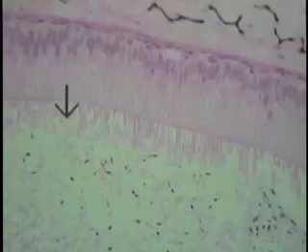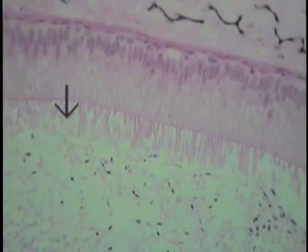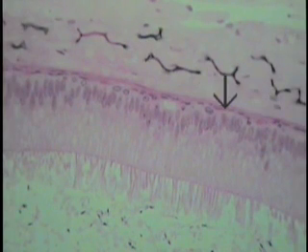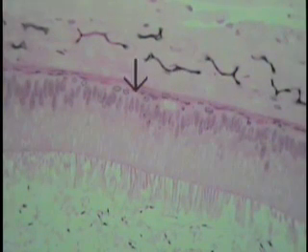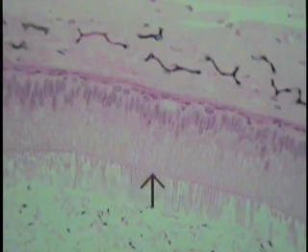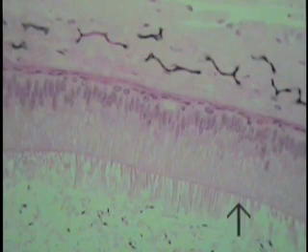This represents a lengthwise cut through one of these tubular profiles. The base of the epithelium is indicated by the tip of the pointer. The apical region would be, again, indicated by the tip of the pointer.